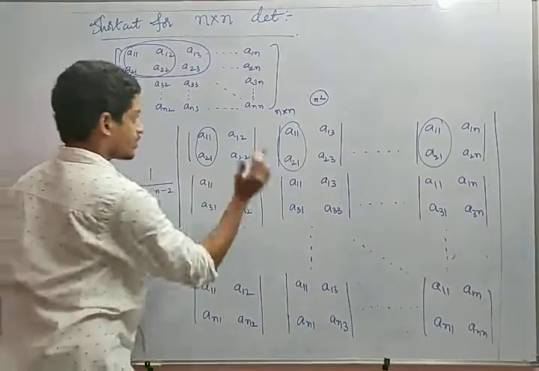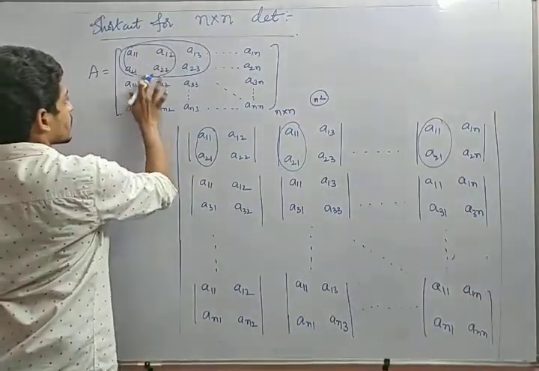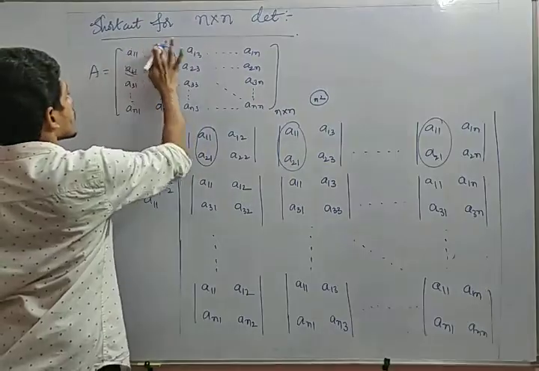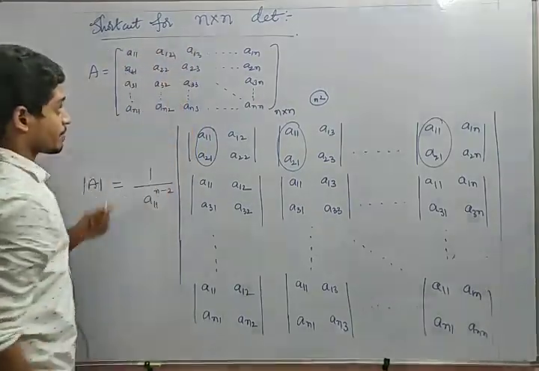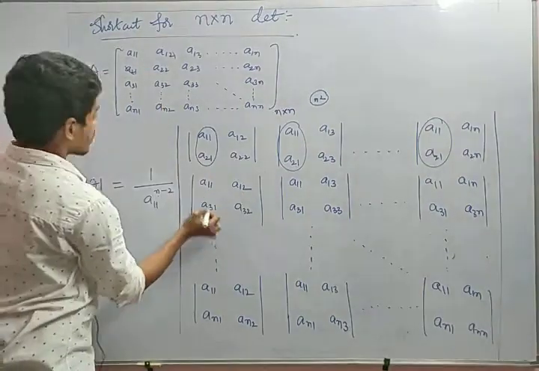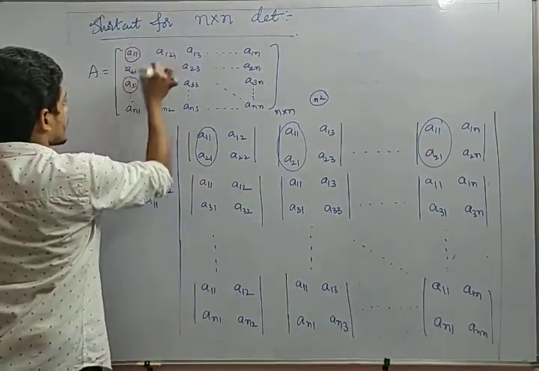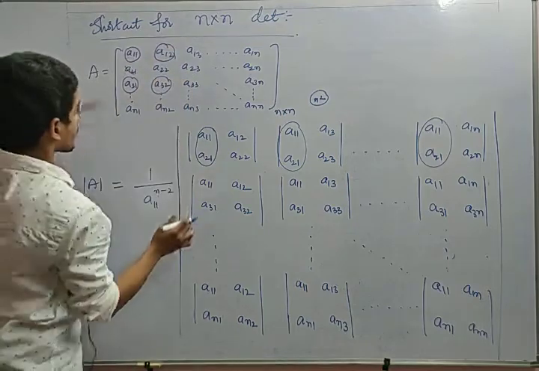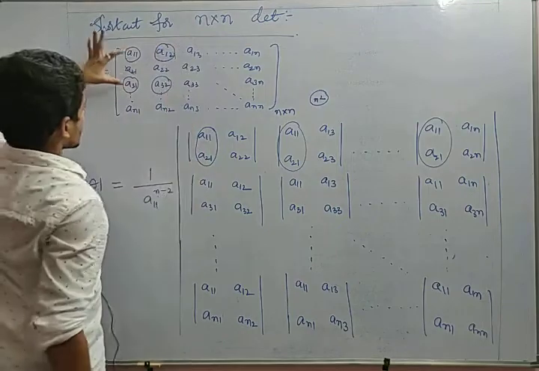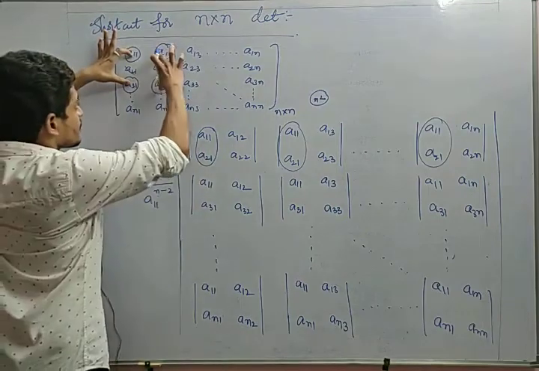Next, in the second row, see friends, carefully look here. A11, A12, this element, this one and this one in the second row, by eliminating this row, right? Find the determinants here. By keeping these two constants, shift these two to these three.